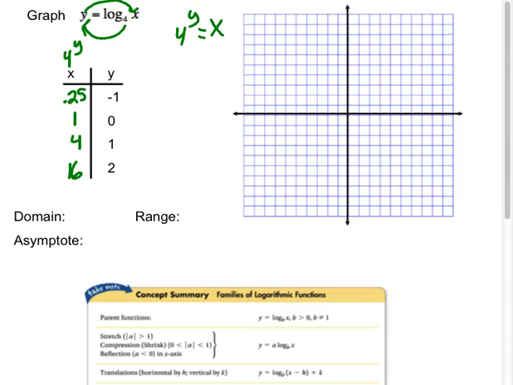Now you're getting too big. So let's plot some of those points. 0.25, -1, puts me there-ish. 1, 0, and 4, 1. Those are the only ones that I can actually plot.